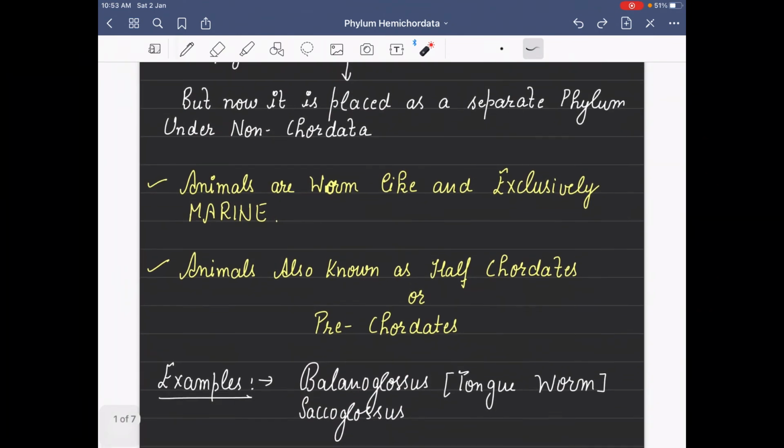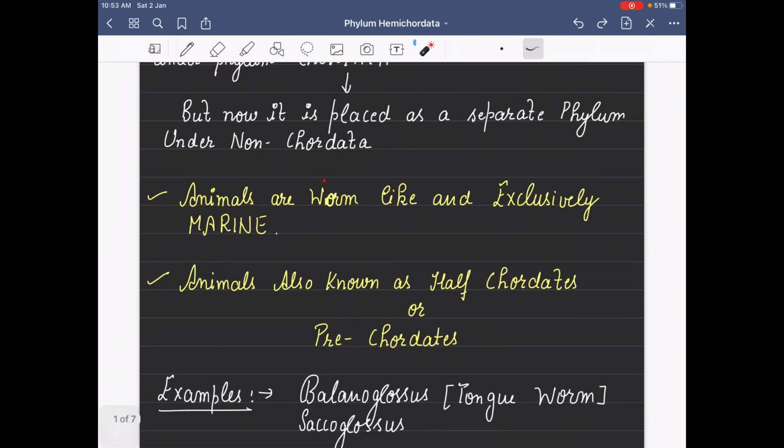Now animals which belong to this phylum are usually worm-like animals, and they are exclusively marine. That is their main habitat, which you have to take into consideration.